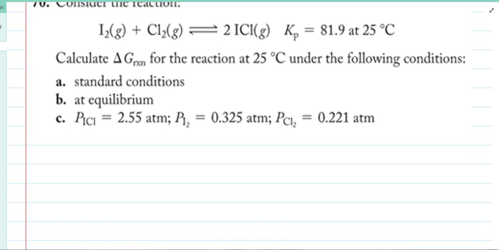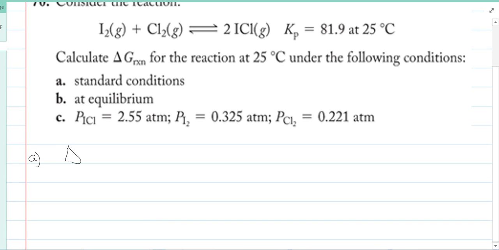So for A, I have a K. Delta G standard for the reaction equals negative RT natural log of K. Now we could look up delta G equals the sum of the products minus the reactants with the free energy of formation, but I'm given K. Much easier.